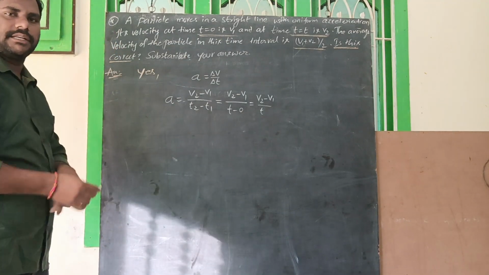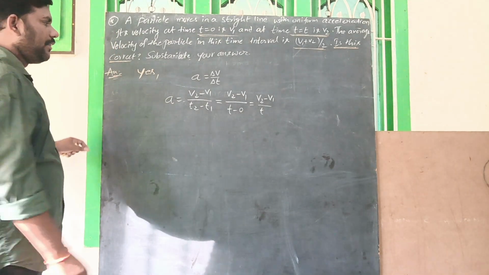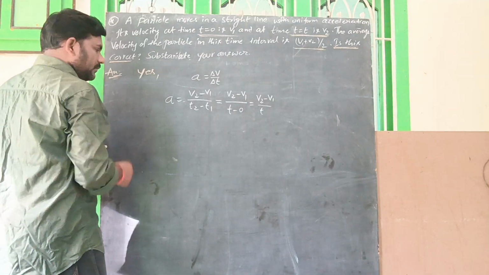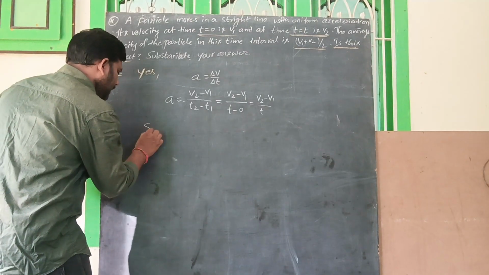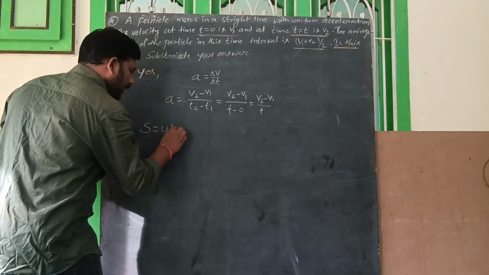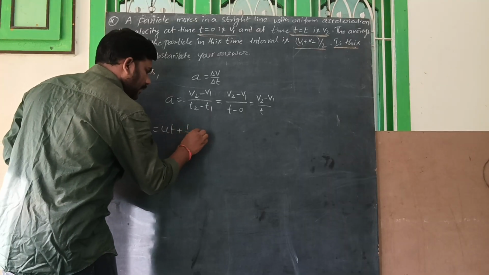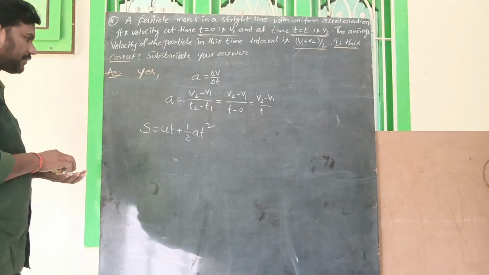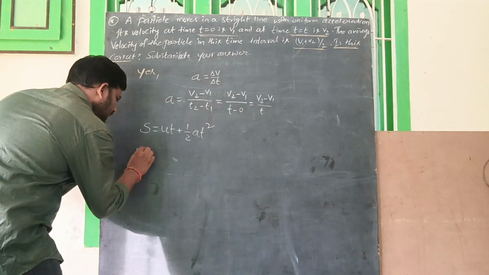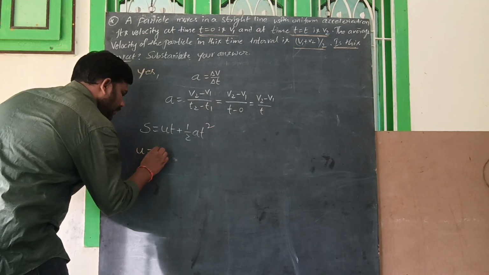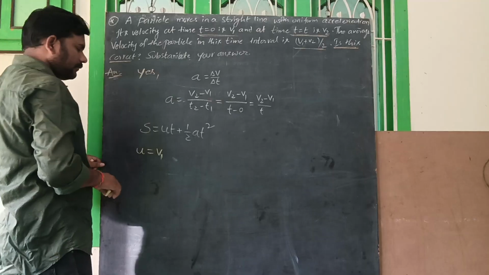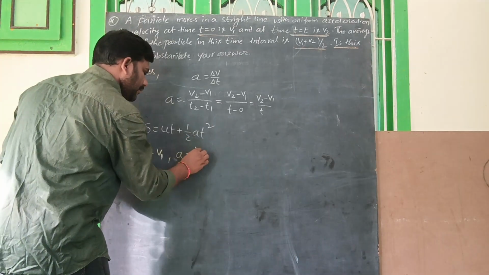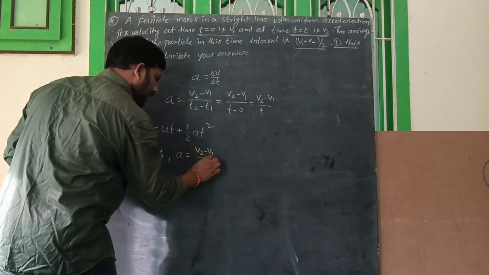This acceleration value is substituted in the displacement of the particle, that is S is equal to ut plus half at square. Here u is equal to v1 and a is equal to (v2 minus v1) by t.